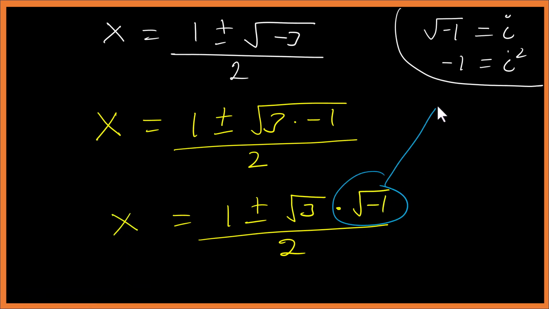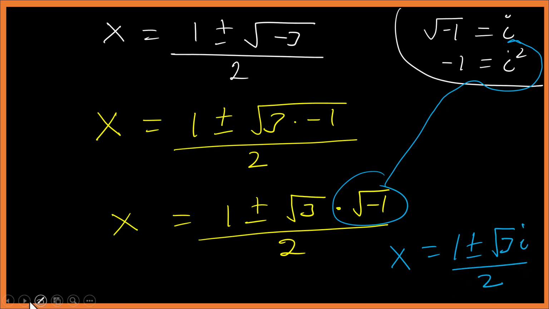Remember, the square root of -1 is the same as i. So we write x equals 1 plus or minus root 3 i on 2. That will be the other solutions.